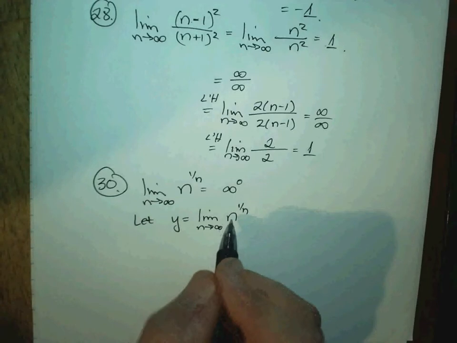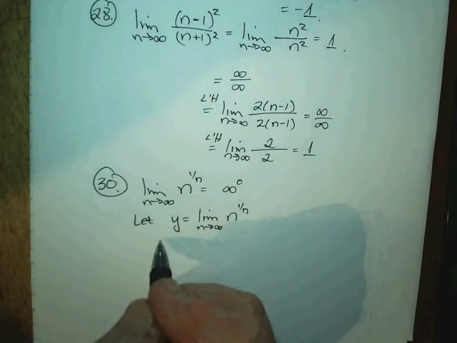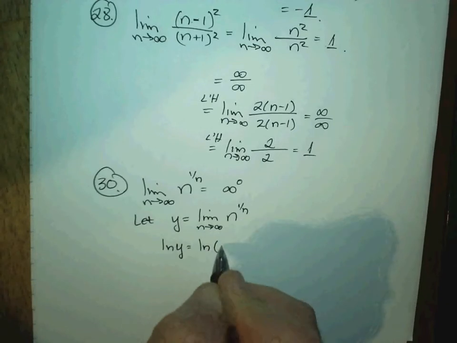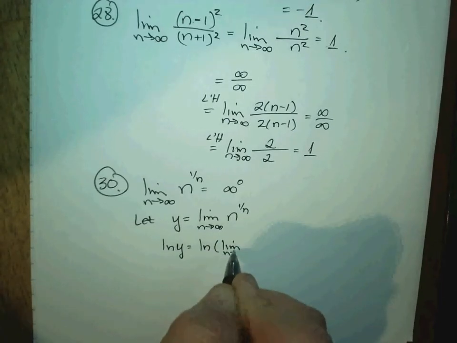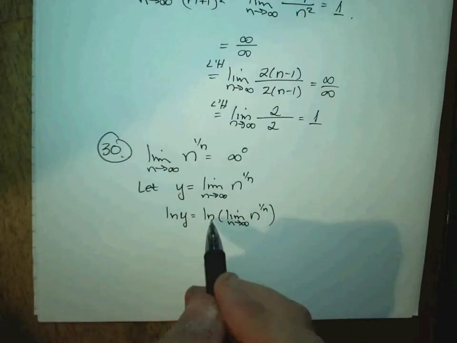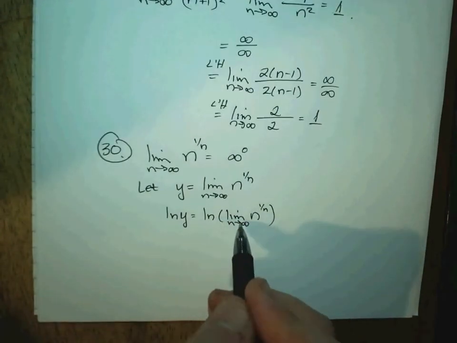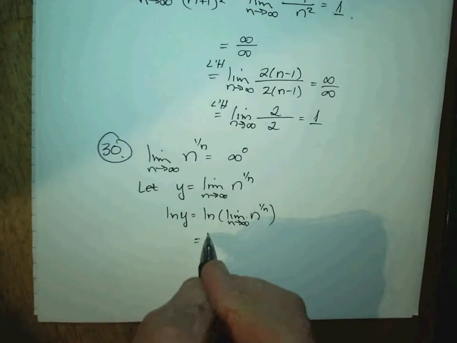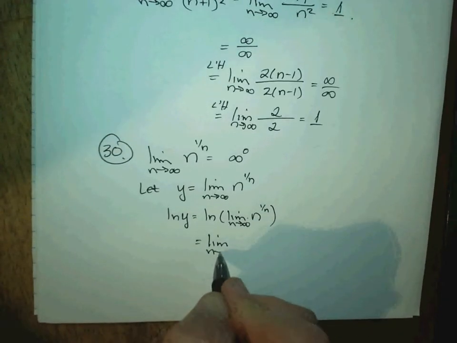Now, I want to get this 1 over n out of the power, and the tool that does that for me is the natural log, or any log, but I'll use the natural log. Take the natural log of both sides. Since the natural logarithm is a continuous function, you can pass that within the limit.